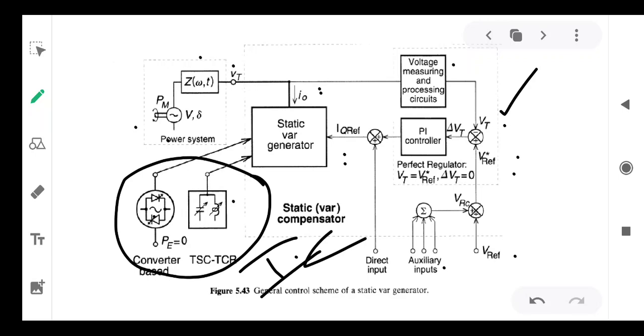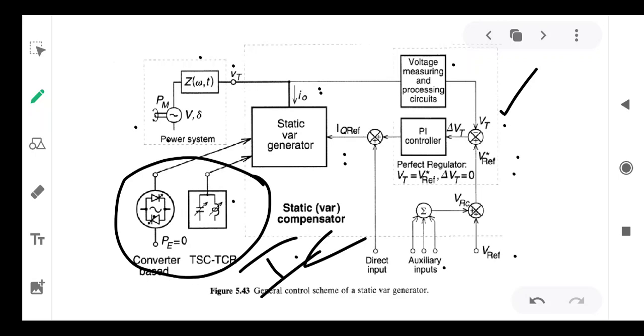That means transient stability improvement, power oscillation damping, voltage stability improvement, as well as voltage regulation, etc. Any of the external control, in general, will compare the actual terminal voltage with the reference voltage obtained from the auxiliary inputs and reference voltage. Sometimes you will eliminate this reference directly, you will take the V reference here, and a PI controller is used to improve the error.